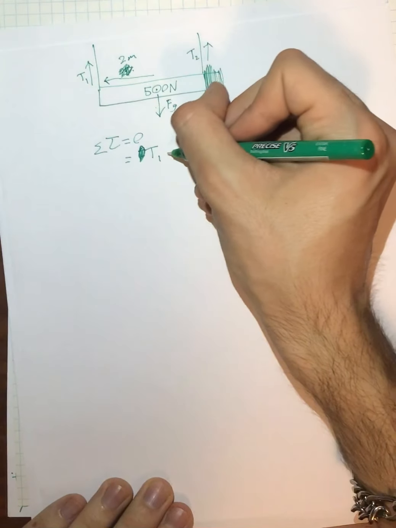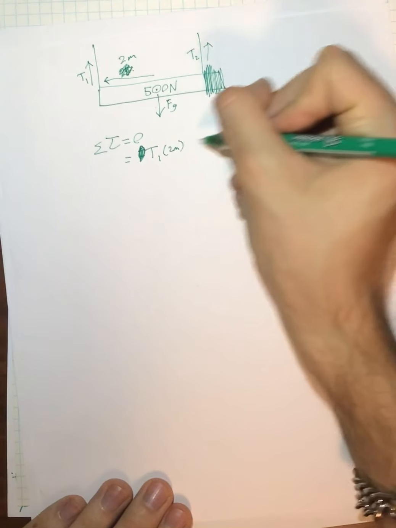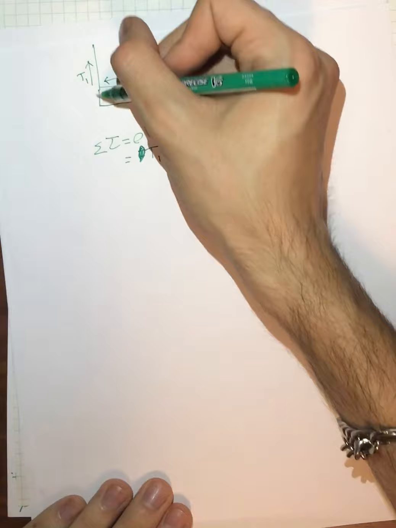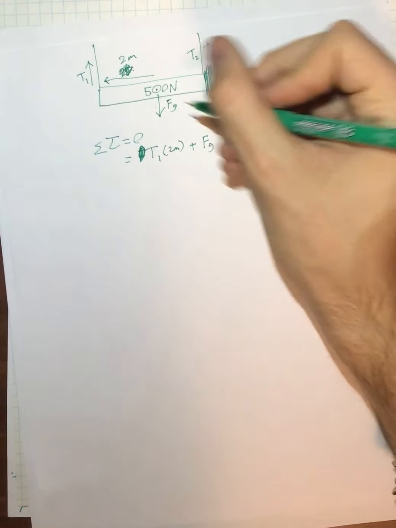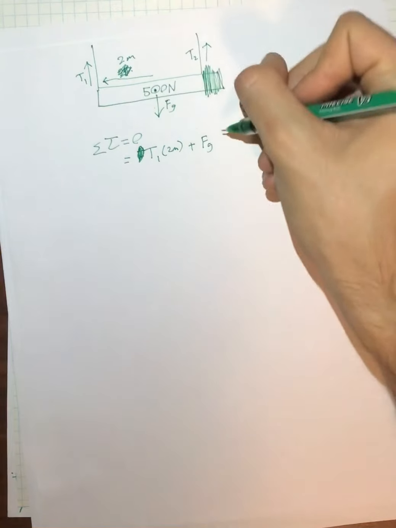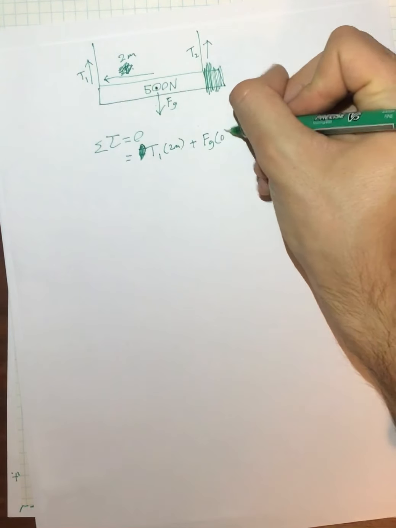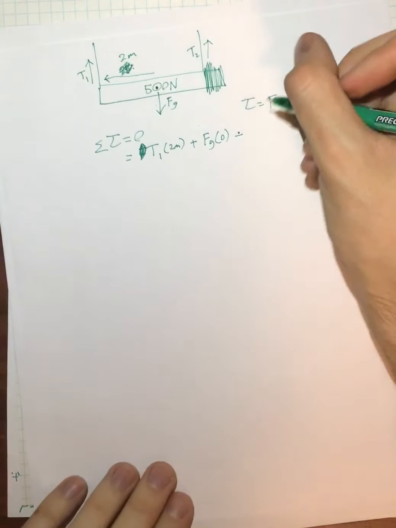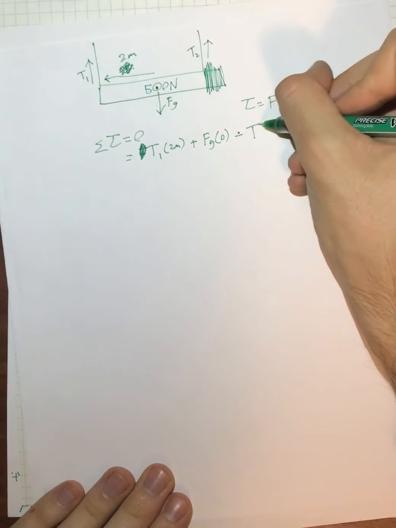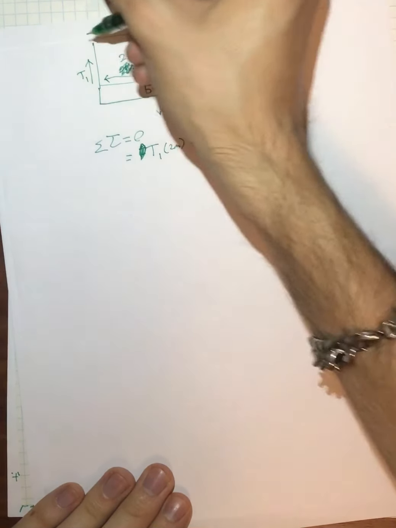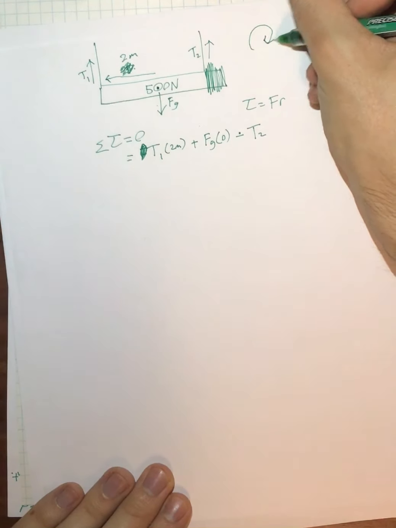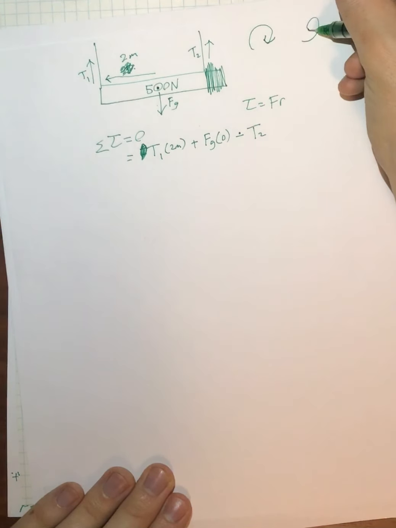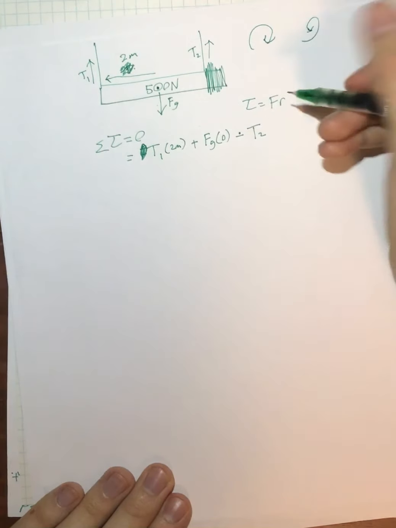So T1 times 2 meters, that's trying to get it to rotate this way. Now, force of gravity is great, but it doesn't have a radius. It's located directly at the center of rotation. So that would be multiplied by 0. And then you would subtract T2 because it's trying to rotate it in the other direction. Think about it. If it's a circle, T1 wants it to spin this way, and T2 wants it to spin this way. So they're going to be in opposite directions to each other.